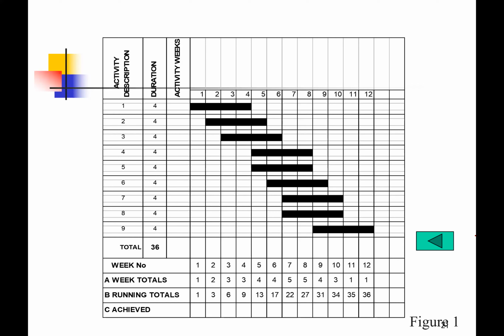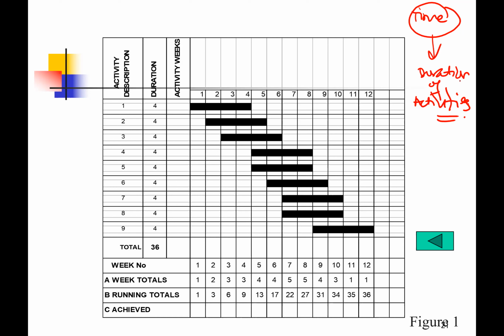Okay, so the project will run for 12 weeks, and we do have 9 activities. Now when we talk about time, time measurement, for sure we are going to relate to duration of activity.